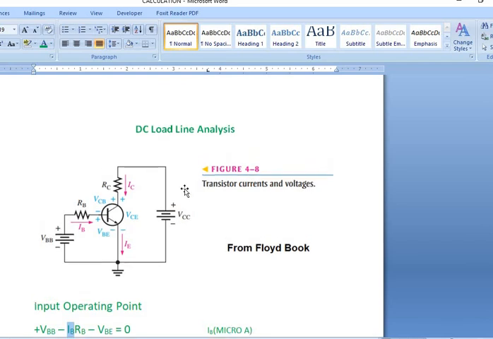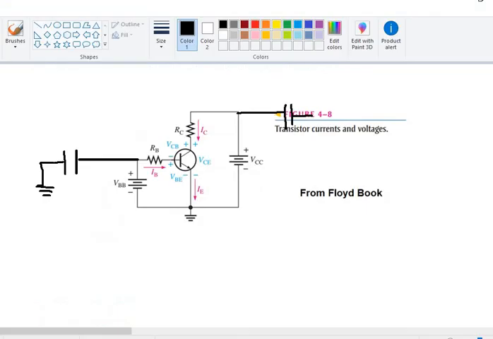At the end, I would like to make it clear. For example, this is the same circuit given here, but I have made some changes in this circuit: I have placed a capacitor at the input side and the output side. So what happens, the current flows over here and over here.